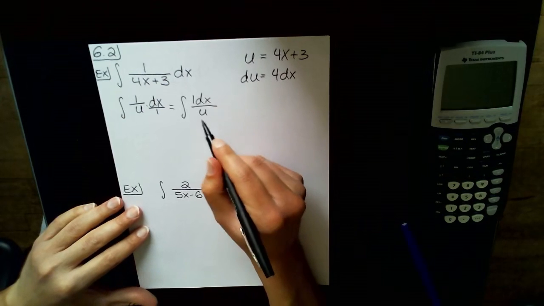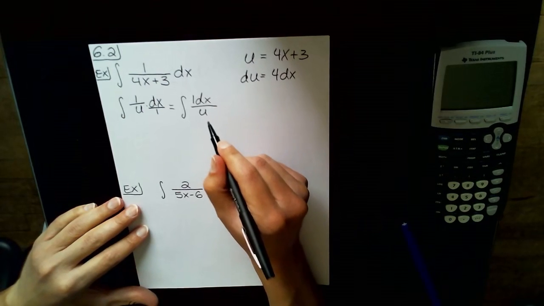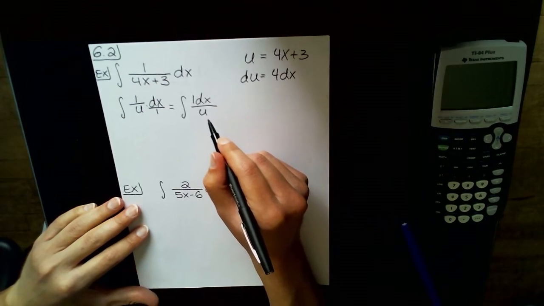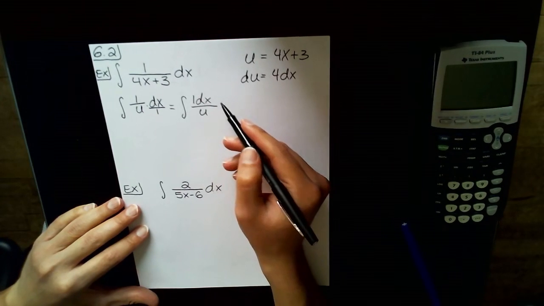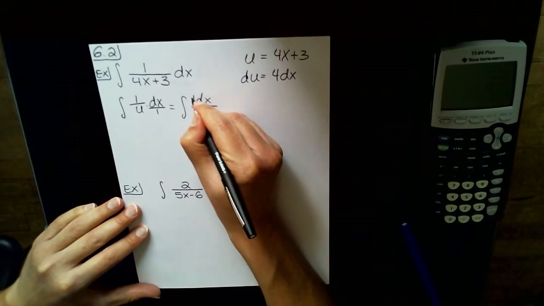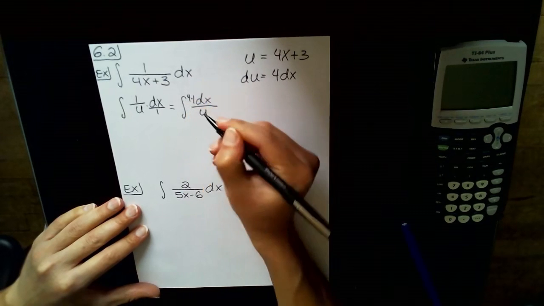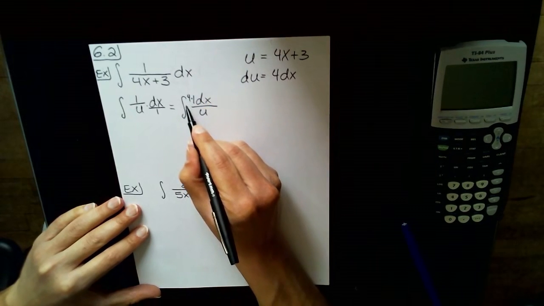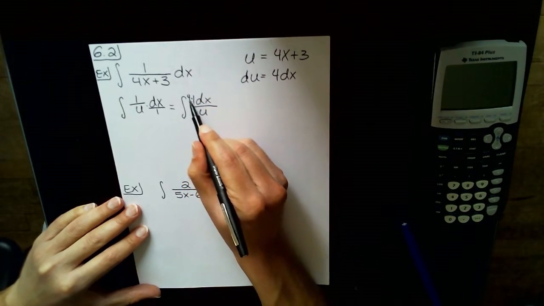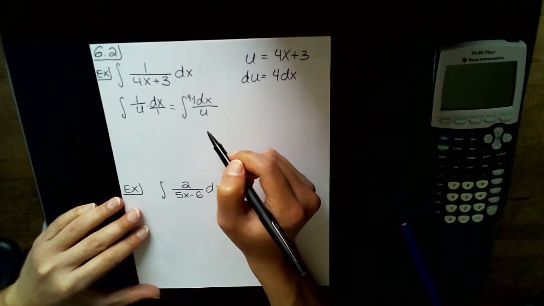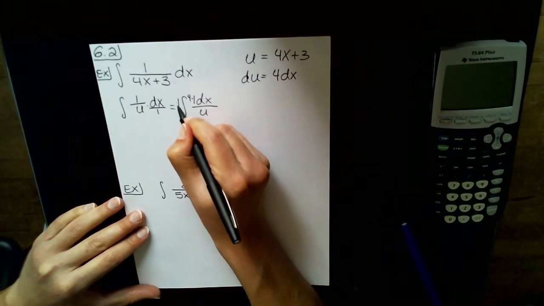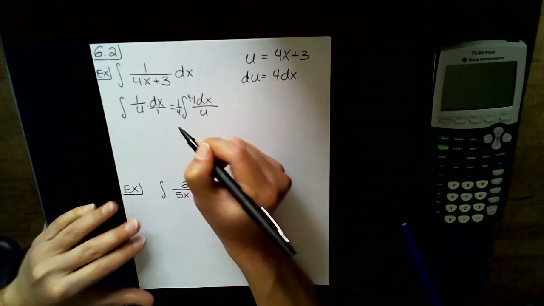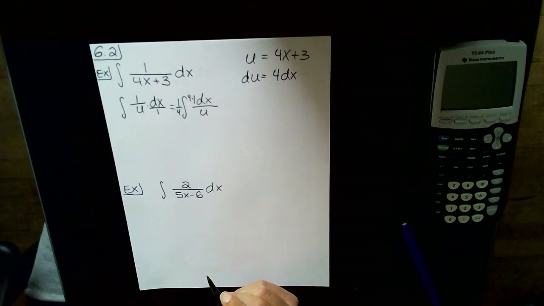Well, that involves the rule that we introduced at the beginning of today's section. If we multiply the inside of the integral by any constant, remember this is only true for constants, so I'm multiplying the inside of it by 4, and I'm allowed to do that as long as I multiply the outside by 1 over 4.